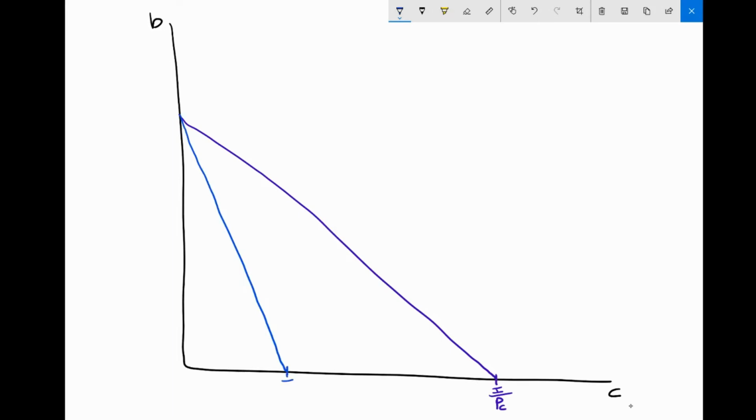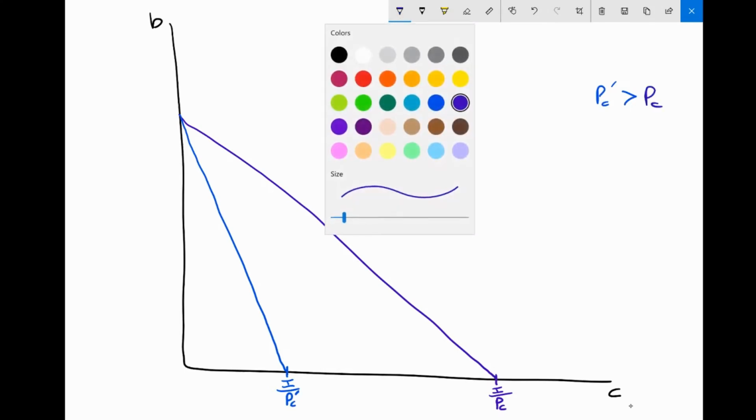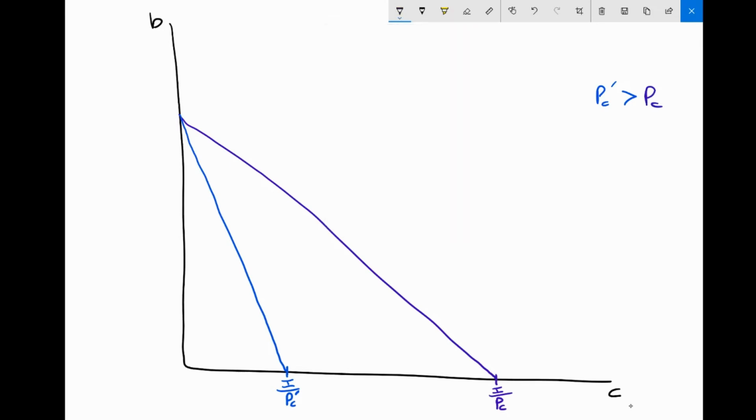So the price of coffee increases to PC prime, which is a higher price than PC. At the original budget line, the agent picks bundle A.